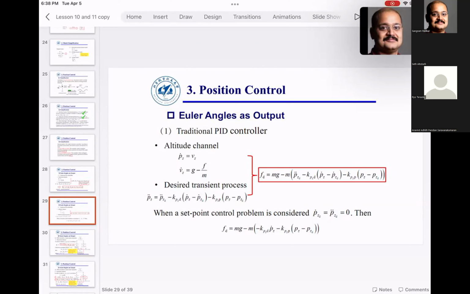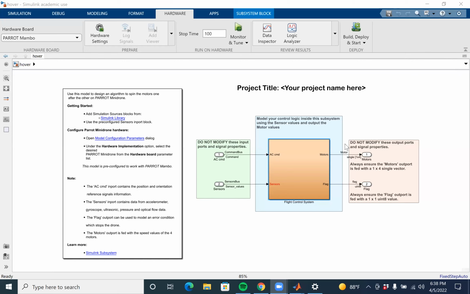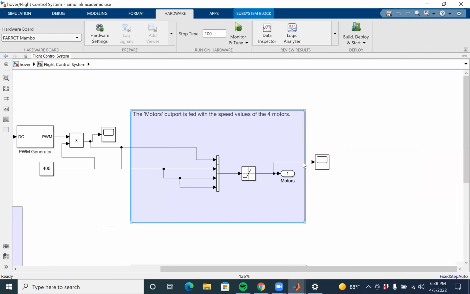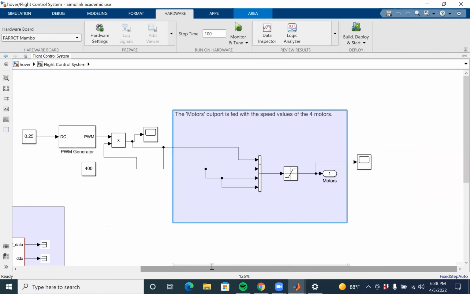So this is motor one. Can everyone see my screen? Let me share my screen. Okay. So what I want you to do is go here, and this is what we did in last class.